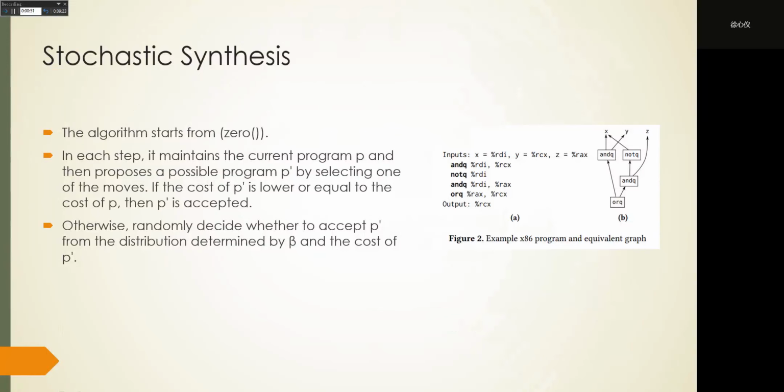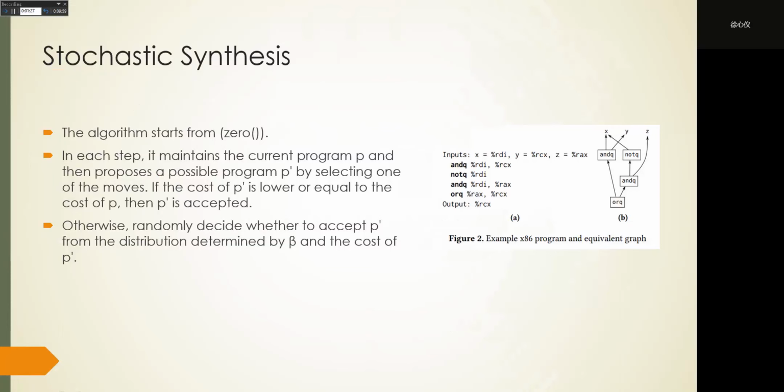The algorithm always starts from the zero state. It only contains one instruction node named zero, and in each step, it maintains the current program P and proposes and generates a possible program P plus. In each step it randomly selects one of the moves. The moves are introduced later.